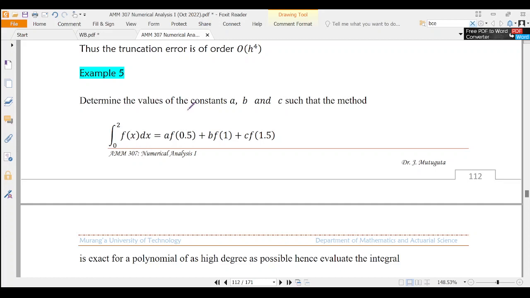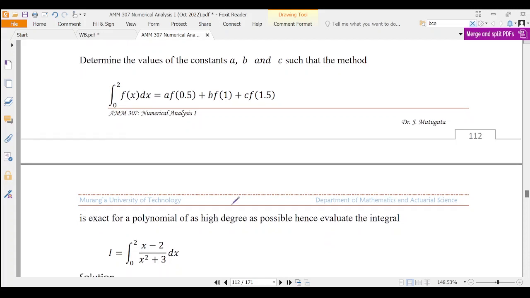You are told to determine the values of a, b, and c such that this method, the integral from 0 to 2 of f of x dx, is equal to a times f of 0.5 plus b times f of 1 plus c times f of 1.5, is made exact for a polynomial of as high degree as possible, and then use it to evaluate the integral here.